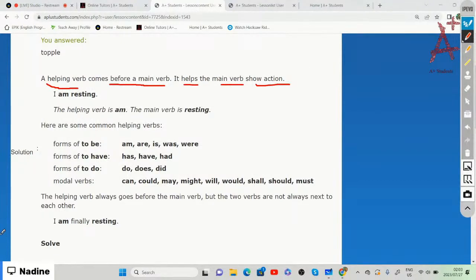And if you look at an example, we can say, I am resting. So resting is the main verb, which means that am is the helping verb. So I am resting. So am is the helping verb that helps the main verb, which is resting.